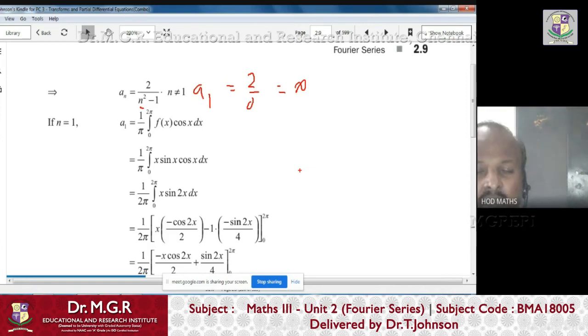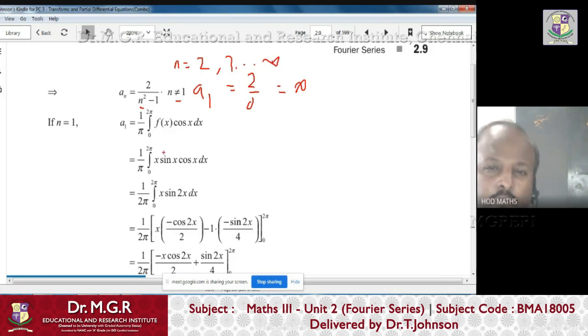So if even a single constant becomes infinity, then the entire function becomes infinity. But the function is not an infinite function, it is a finite function. So in that case, what we have to do? We can say this representation is not valid for 1, but it is valid for n varies from 2 to infinity.